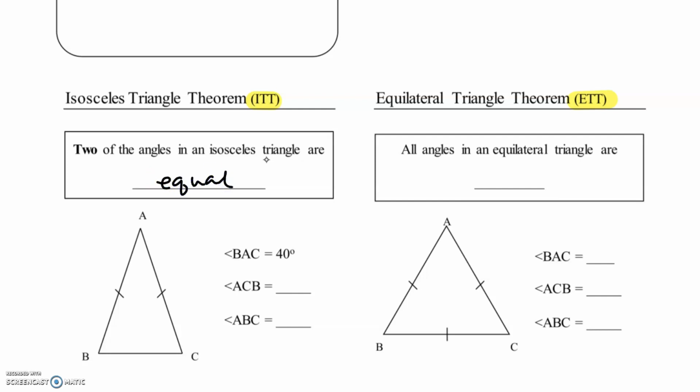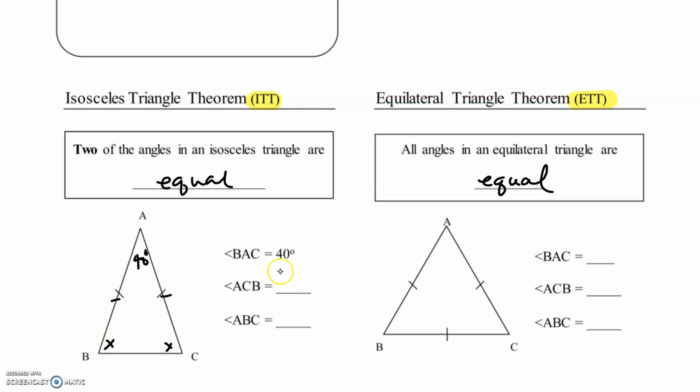And in an equilateral triangle, all angles are equal. So let's put in the values that we have. We're given angle BAC is 40 degrees, and they want us to determine these two angles. Well, these two angles are equal because we know that they're at the bottom of the equal sides. So all three angles together add to 180.